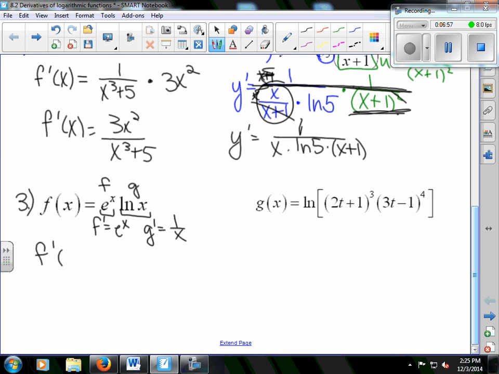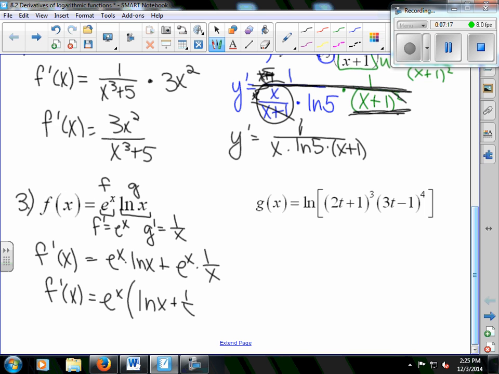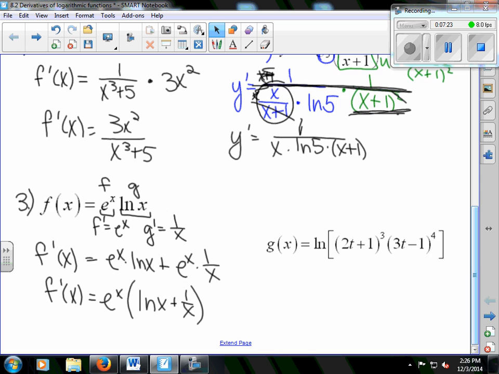And so now I'm going to use my product rule, which tells me to do f prime g plus f g prime. And your book would factor e to the x out, and we have left natural log of x plus 1 over x.